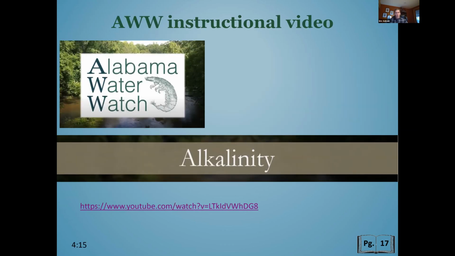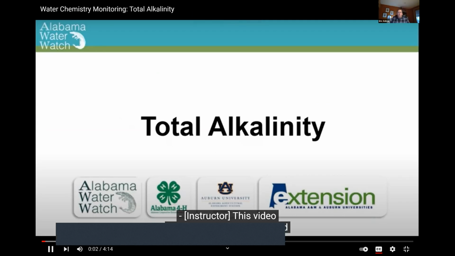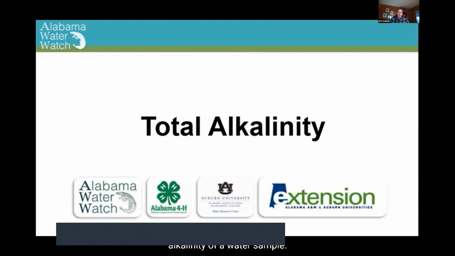So we're going to watch a video on how to measure alkalinity. This video will show the proper method for collecting water samples and conducting a test to determine the total alkalinity of a water sample.